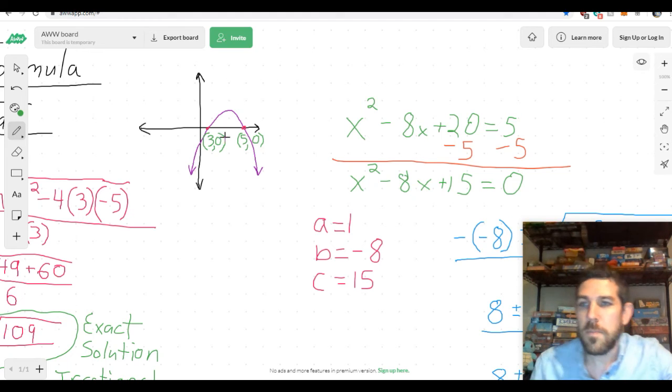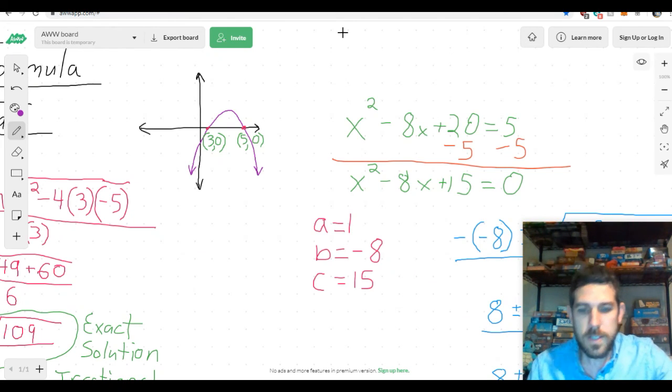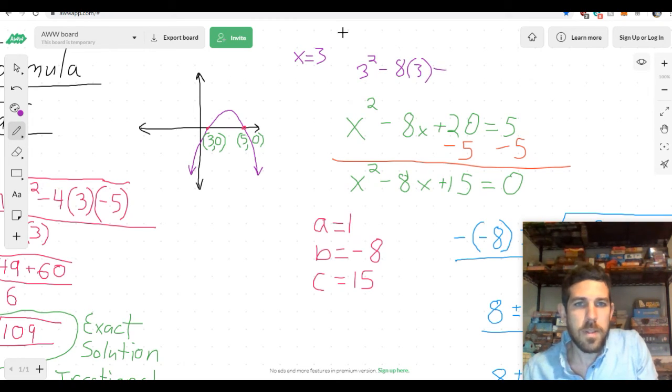And if you don't believe me, we can always check it, right? We can always go back and say, hey, if x equals 3, like I think it is, does that work for this original equation? We'll just test it out. Is 3 squared minus 8 times 3 plus 20 equal to 5?